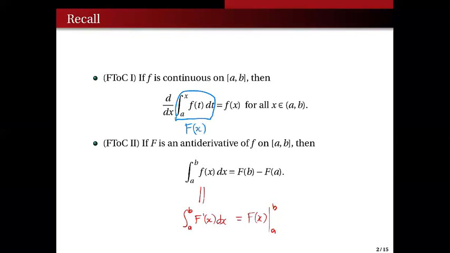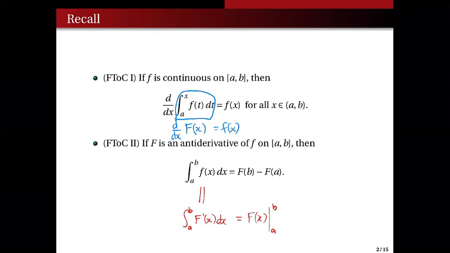If you get the derivative of this, you will have small f of x. Whereas in here, you have your definite integral, and this is the capital F prime of x. If you integrate that, you get back capital F of x.